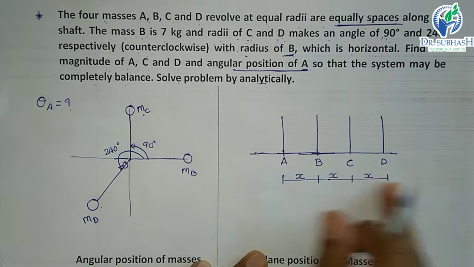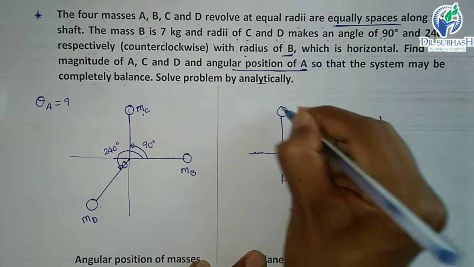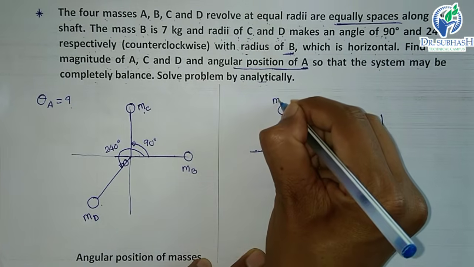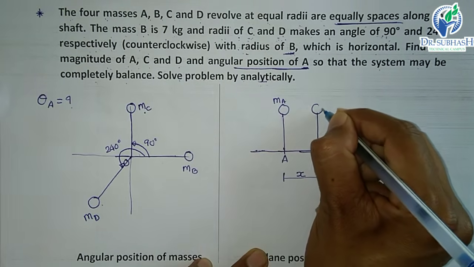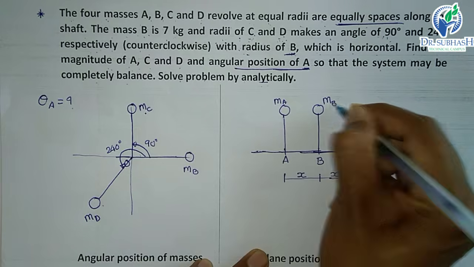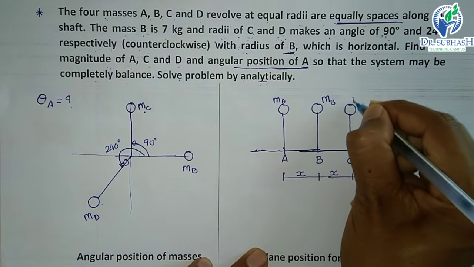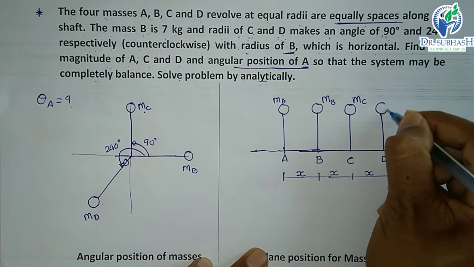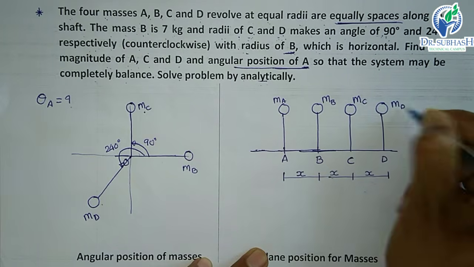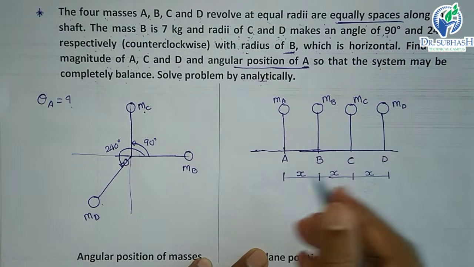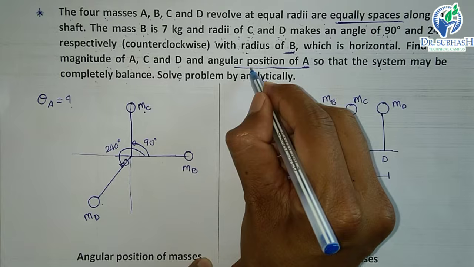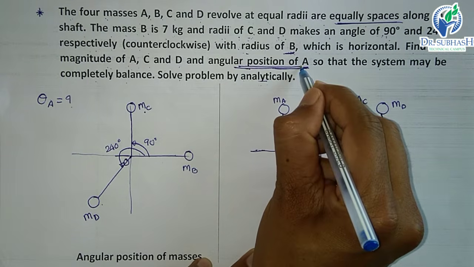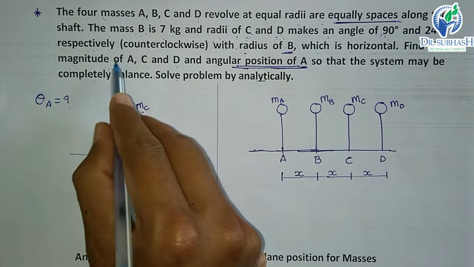Suppose in the A plane mass MA is rotating, in the B plane mass MB is rotating, in the C plane mass MC is rotating, and in the D plane mass MD is rotating. Now we want to calculate the angular position of A and the magnitude of mass A.